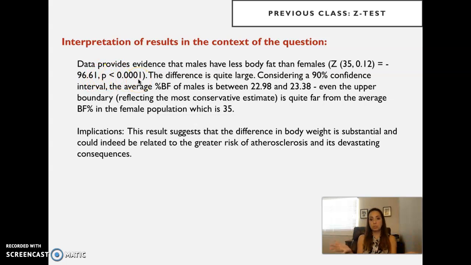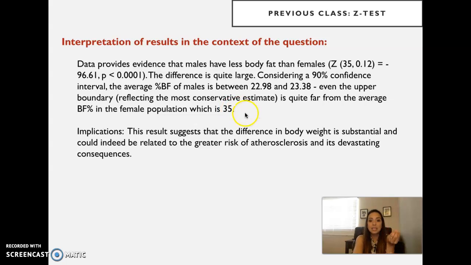So the difference observed is quite large. Considering a 90% confidence interval, the average percentage body fat of males is between 22.98 and 23.38. So even the upper boundary, reflecting the most conservative estimate, is quite far from the average body fat percentage in the female population, which is 35, right?